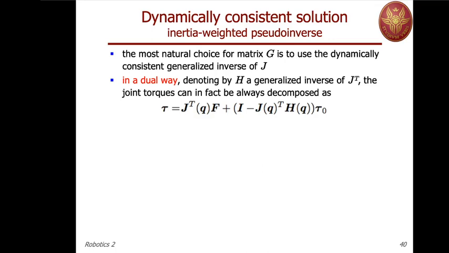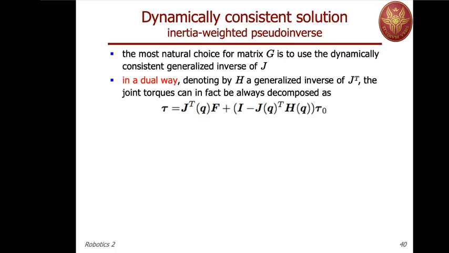Now we can decompose any joint torque in one term coming from a force which is defined at the Cartesian level, and this is J transpose times F, plus an extra torque which has this form with a projector, where H is a generalized inverse of J transpose.